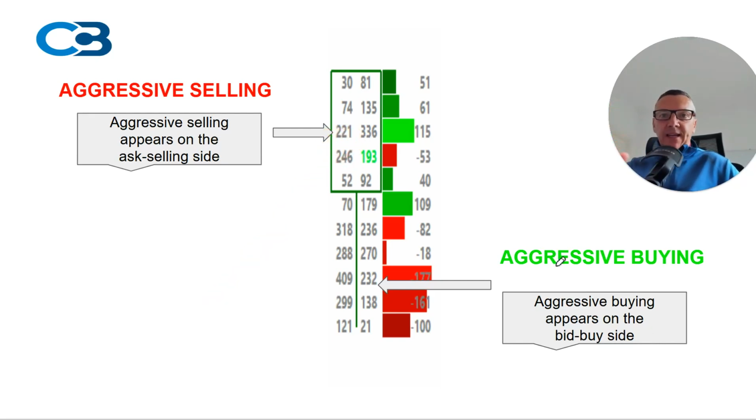And then aggressive buying appears on the buy side. So pretty straightforward. Sell side here, and then buy side here. It's taken me a long time to work out how to use the footprint in a correct manner, because a lot of people, a lot of gurus should I say, will say it's just sellers and then buyers. But as you'll see from this video, it's not like that at all.